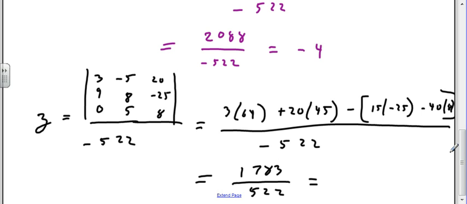390 minus 5, blah, blah, blah. And it's 20. Okay, so 64 times 3, 0. 20 times 45. Okay, I've got a 0 that way. 15 times 25. And I've got a 40 times 9.